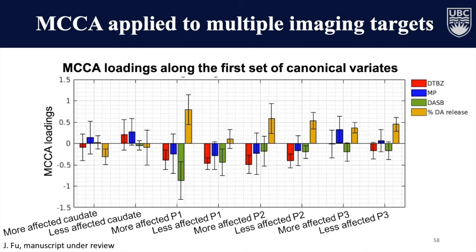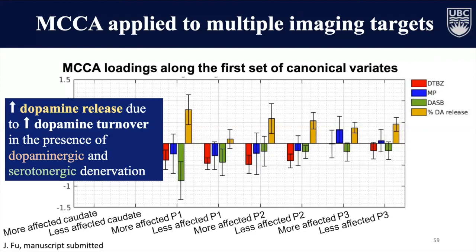But a higher dopamine release, so this is the yellow bar, higher dopamine release in the putamen. And conceptually, this increasing dopamine release in the putamen is related to a higher dopamine turnover in the presence of both dopaminergic and serotonergic denervation.